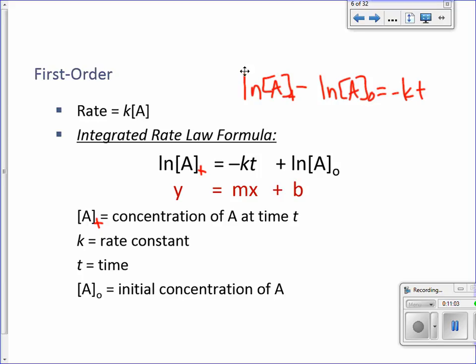As you can see here, it kind of looks like another equation. I don't know if you can pick out those variables and see them. The natural log of the concentration at t is supposed to look like the y of the mx plus b here. And then k is the slope, m, t representing the x variable, and then b over here, the y-intercept. Very similar.